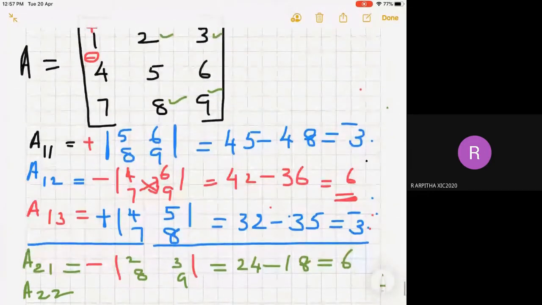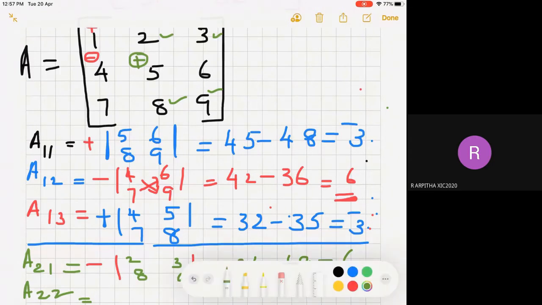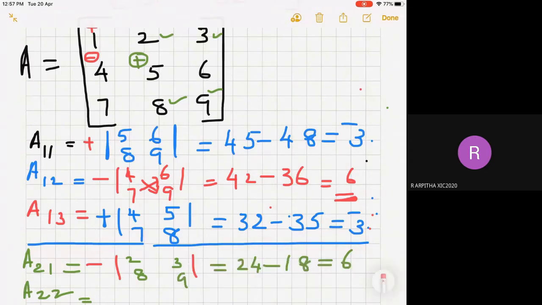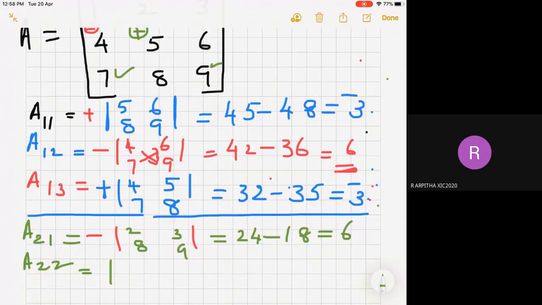Next is A22. A22 means the sign of the cofactor is plus. So now delete the row and column containing 5. So what you get? You get 4 members. After deleting the row and column, what you get? It is 1, 3, 7, 9. Sorry, 1, 3, 7, 9.